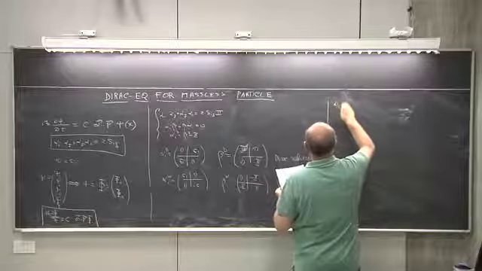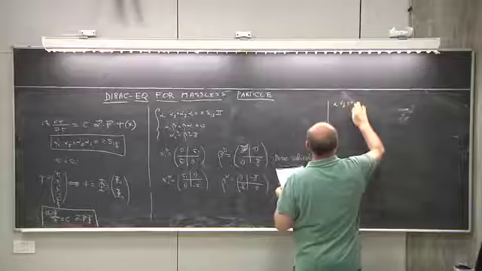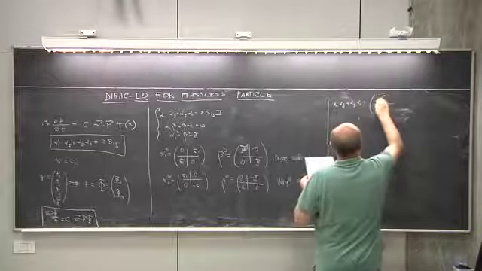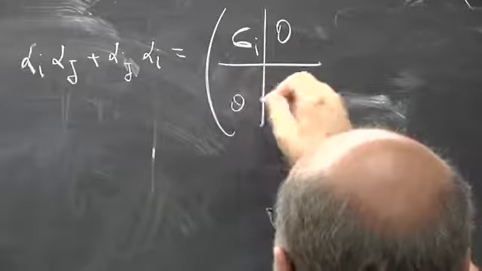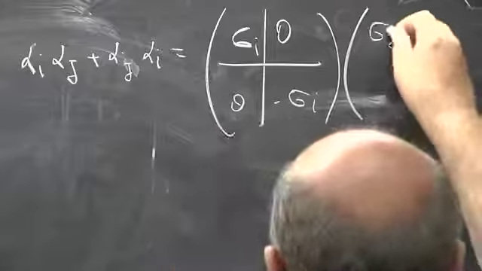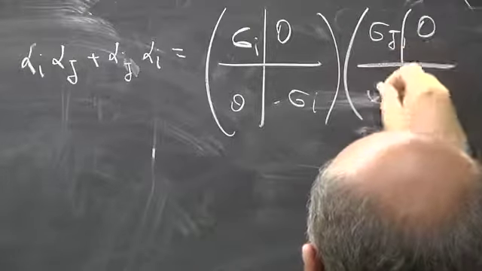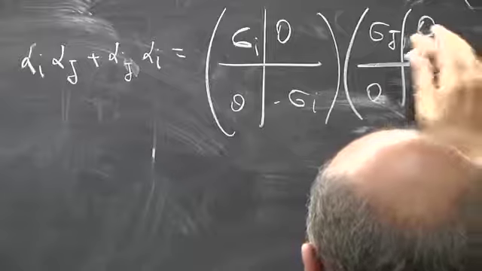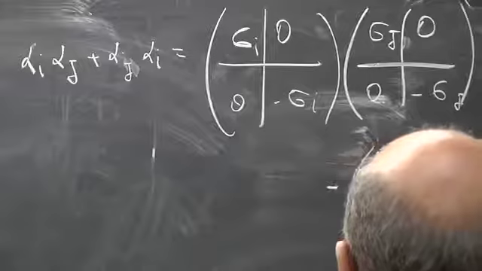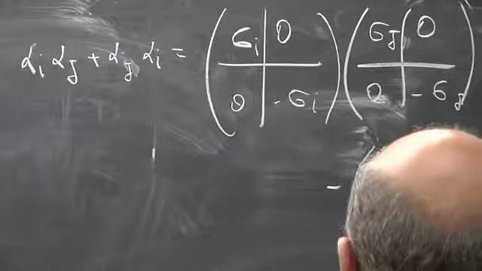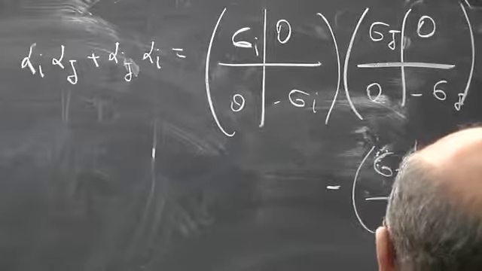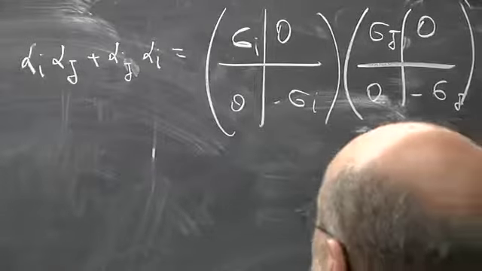So alpha i alpha j plus alpha j alpha i is equal to sigma i, 0, 0, minus sigma i times sigma j, 0, 0, minus sigma j, plus sigma j, 0, 0, minus sigma j times sigma i, 0, 0, minus sigma i.